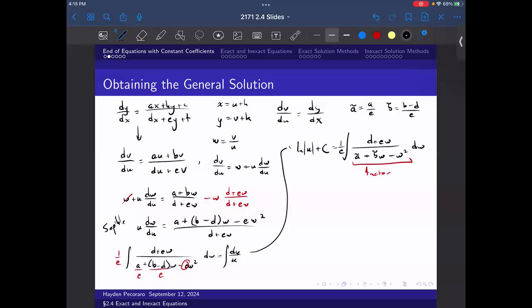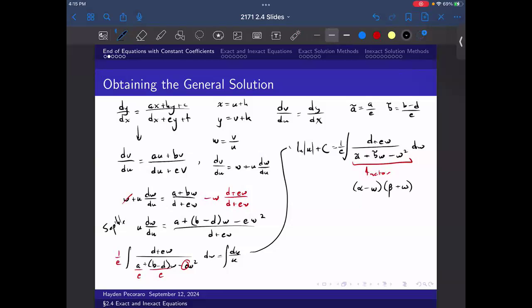And when I'm actually doing this for a specific problem, I will have the numbers written out here, and I can figure that out whenever I want. So what we're going to do in general here is just say, all right, well, this will factor as something that looks like this. And you can double check that.